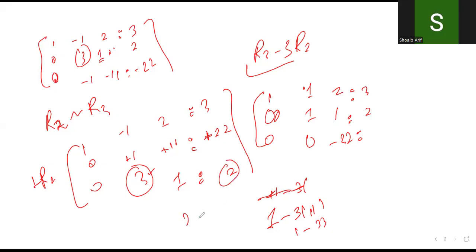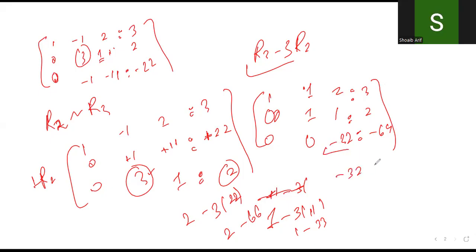In place of 2, what is 2 minus 3 into 22? 2 minus 66, so minus 64. Okay, so now compute. So write this matrix in the form of equations. So this is x, this is z.